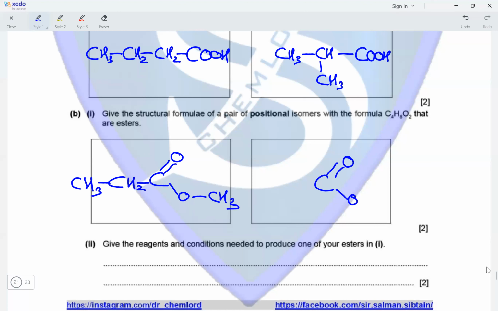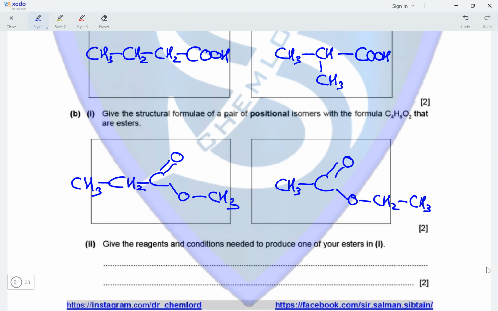And on another molecule, we can have the alcohol having two carbon atoms and the carboxylic acid having two carbon atoms as well. So the names of these esters, the one on the left would be methyl propanoate and the one on the right would be ethyl ethanoate.